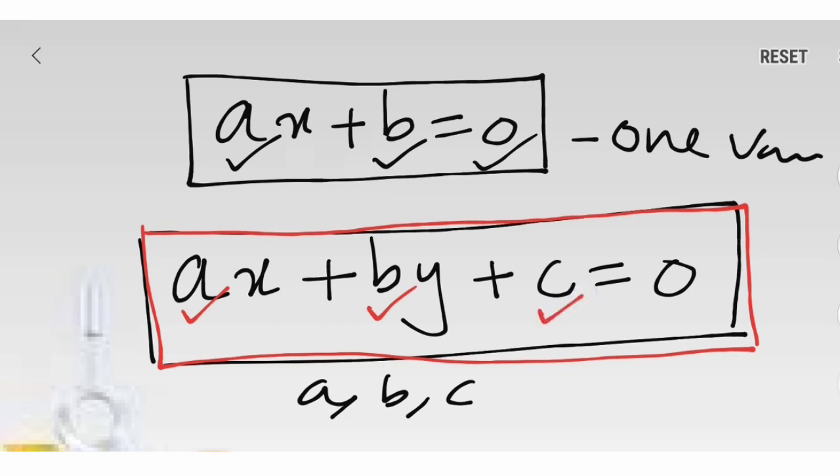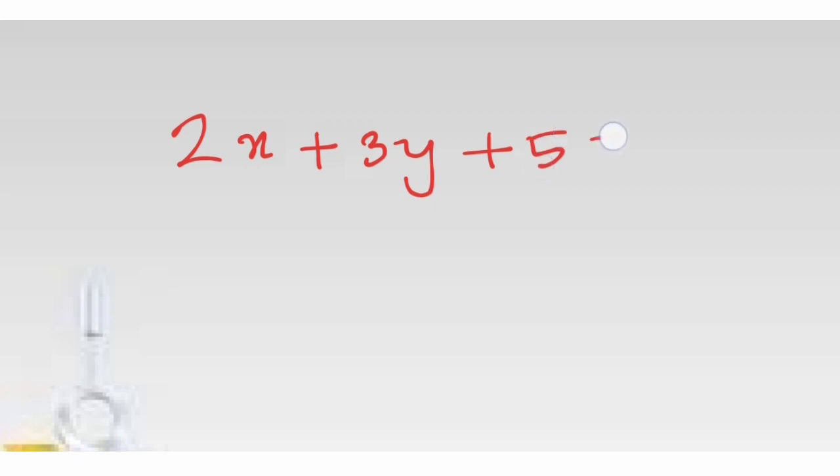They are constants, and x and y are the variables in this equation. So this is the standard form of a linear equation in two variables. For example, 2x plus 3y plus 5 equal to 0.